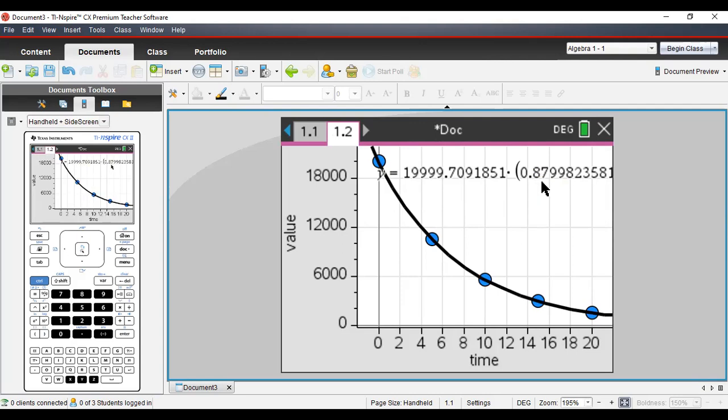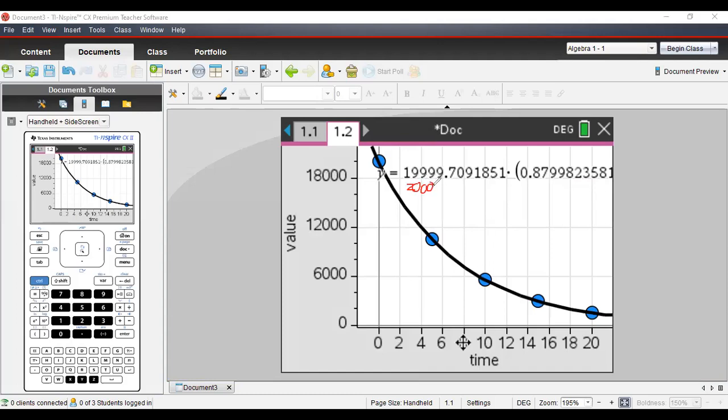So basically, every year, it's decreasing by 12%. Now, I'm going to write it on the screen. If we round this, we can say that this is $20,000, because the 9 gets rounded up and this 7 makes this 20,000. And then over here, let's make this a big times.